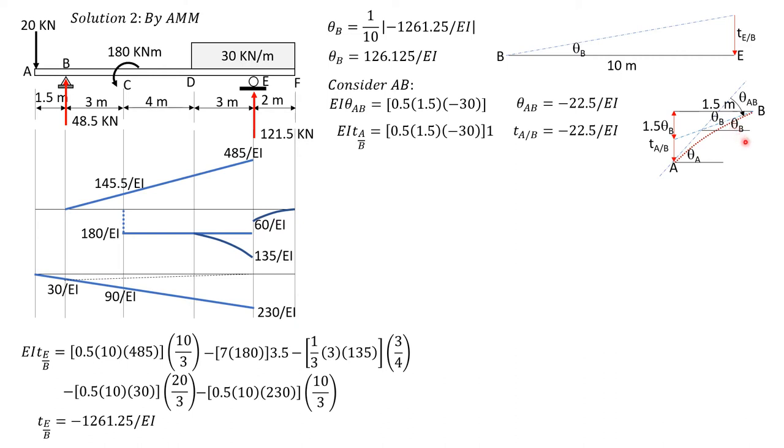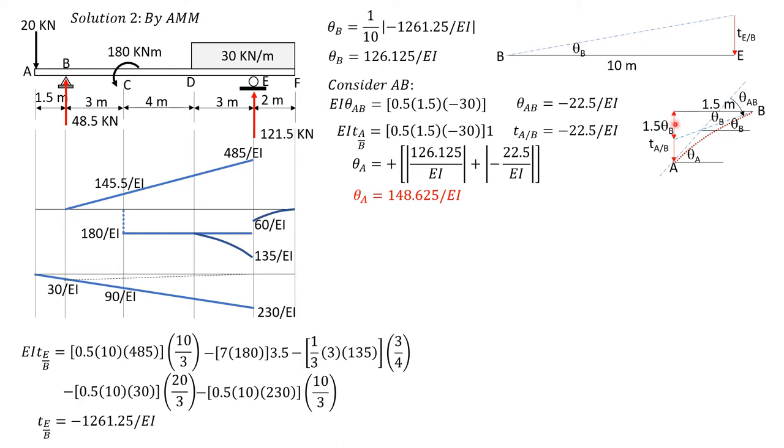So if that is the case, theta A is positive because it is inclined up to the right. It is the absolute value of theta B plus the absolute value of theta AB. So combining, theta A is positive 148.625 over EI, just like in the double integration method. Then the deflection at A is negative, because this is the horizontal line, this is the x-axis supposedly, and A is below the x-axis.